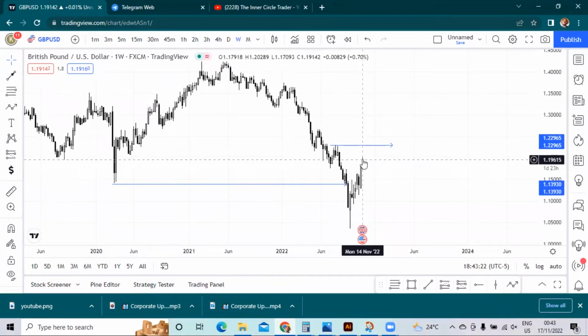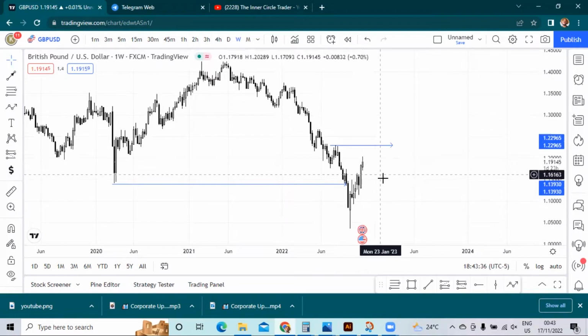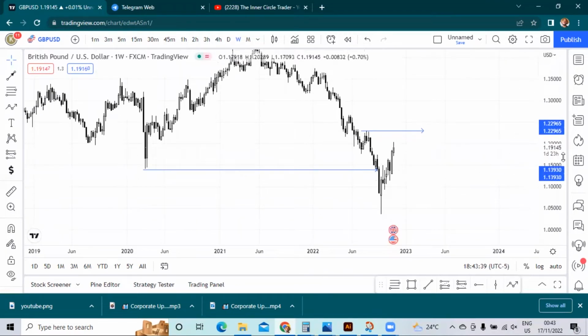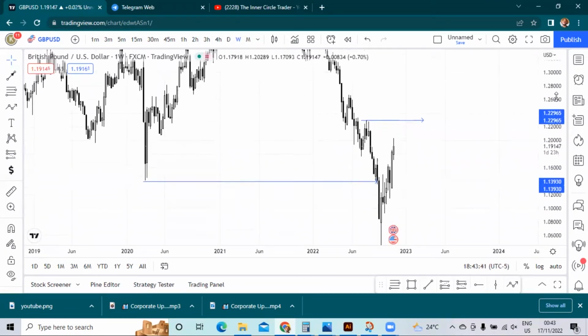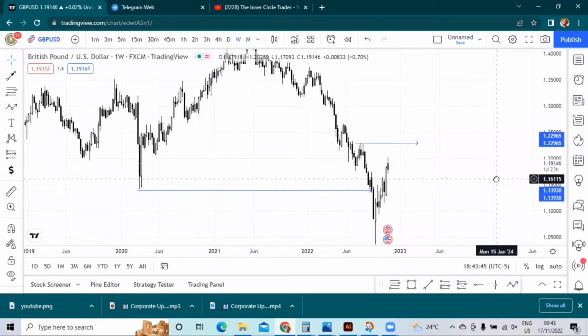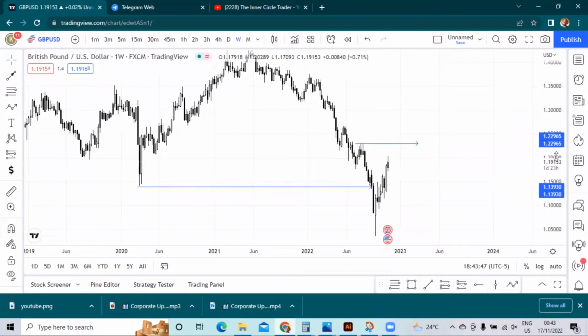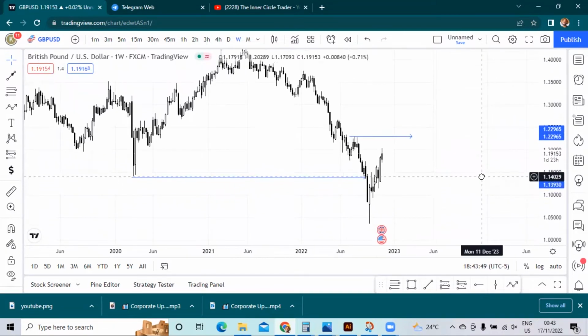Look at this candle. What does that show you? That shows you that in this week we can be bullish, and it also shows that we can be bearish. Remember, ICT never taught us to try to predict where the market is going to go.